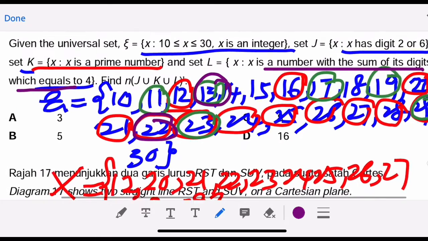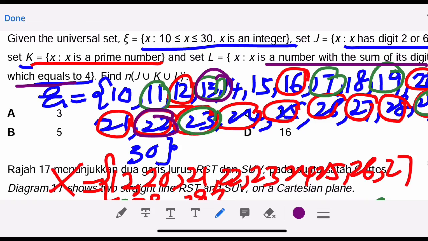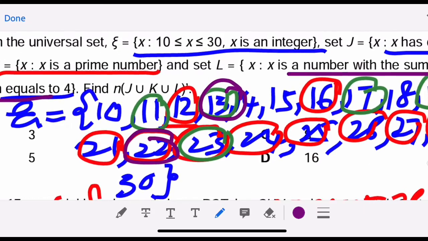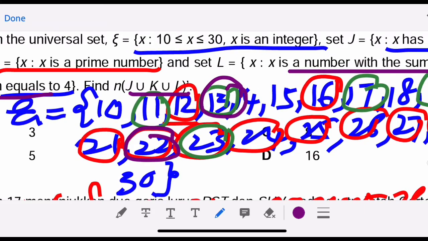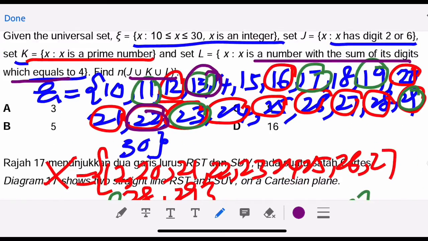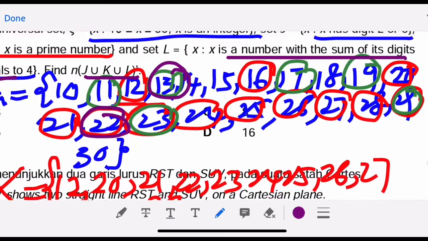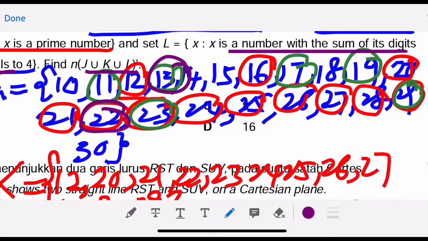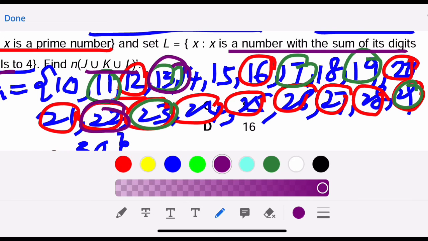Now we want to find the union of J, K, L, and then prime. Meaning that we want to find the ones that we didn't circle. Okay? So we will highlight using yellow color.